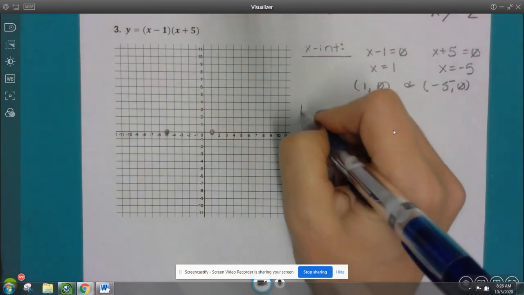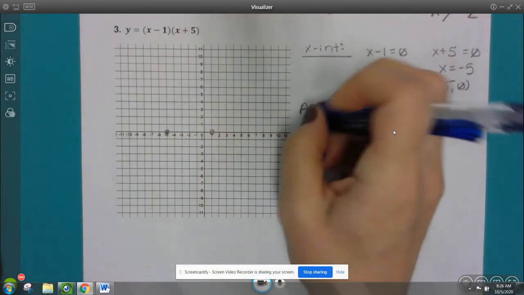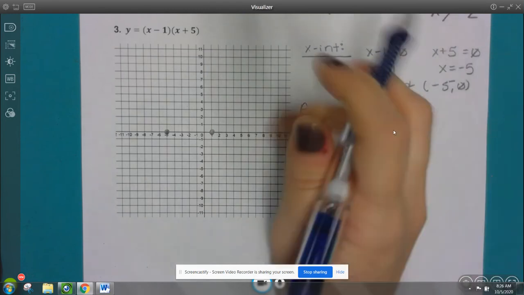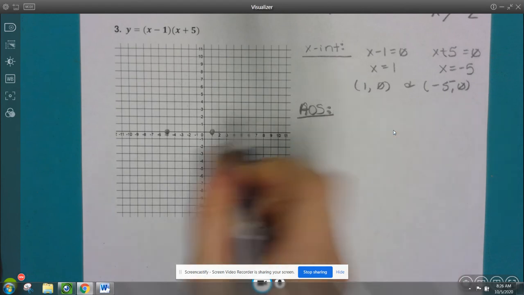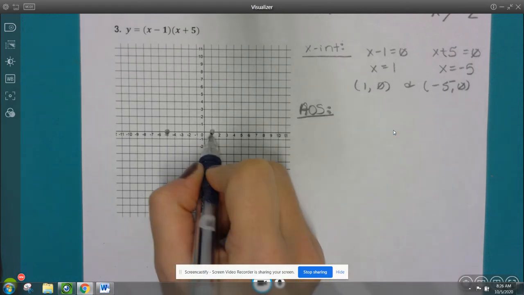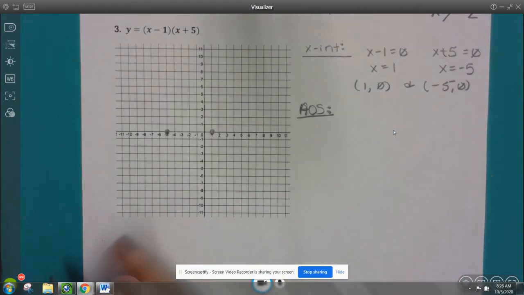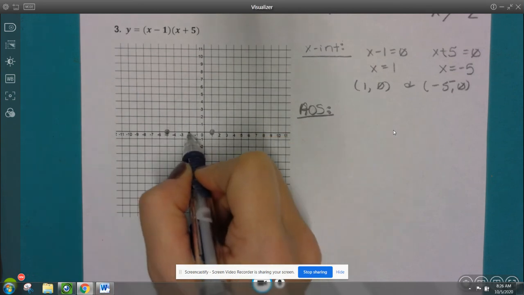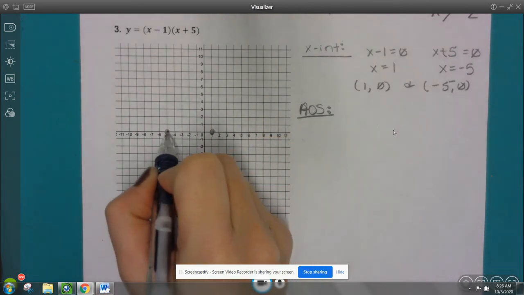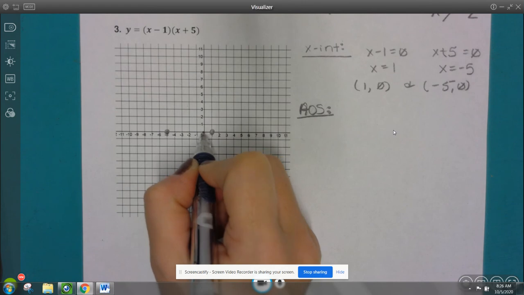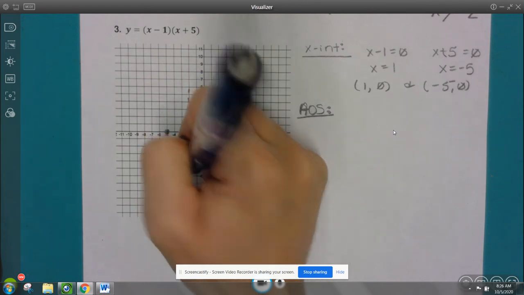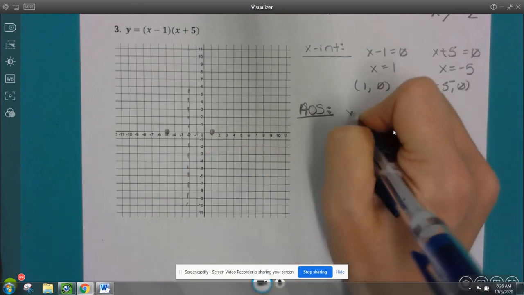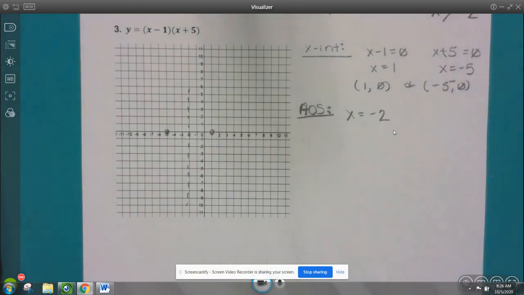To find our axis of symmetry, oops, that's not a 0, that's the letter. To find our axis of symmetry, I am going to find the midpoint or the middle of my two x-intercepts. There are 6 spaces between this, so I know I need to go over 1, 2, 3. So again, we happen to have our axis of symmetry at -2.